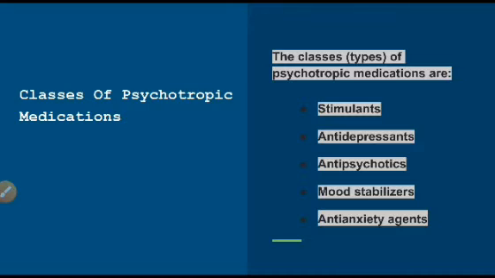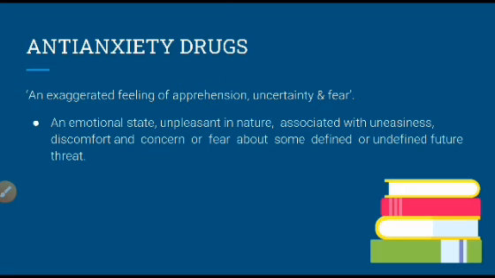When we see the psychotropic medication, we can divide it into stimulants, antidepressants, antipsychotics, mood stabilizers, anti-anxiety agents. So we will take the first one here, that is the anti-anxiety drugs.